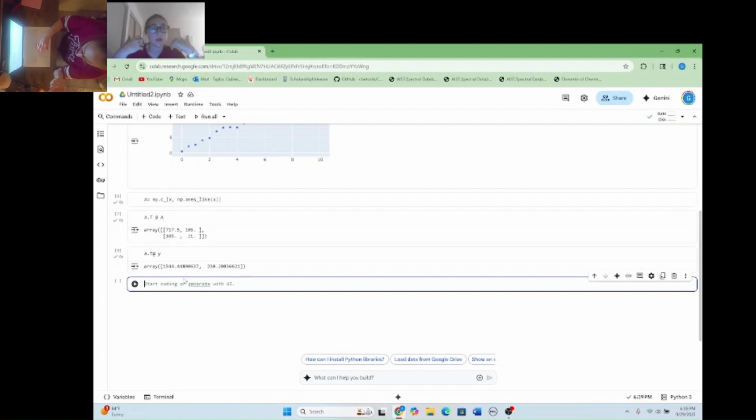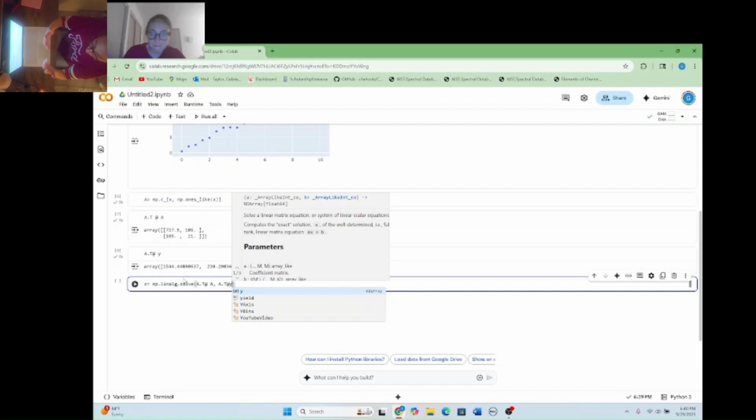So C is going to equal np.linalg.solve, and then we're going to have A.T times A, and then our A transpose times our y.